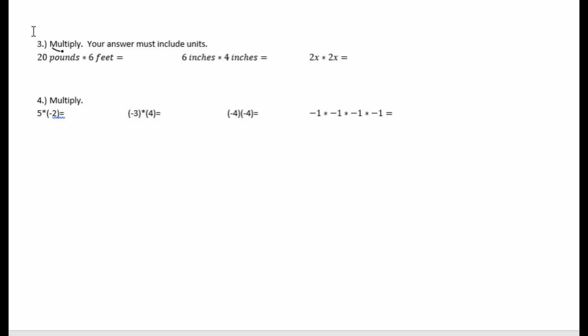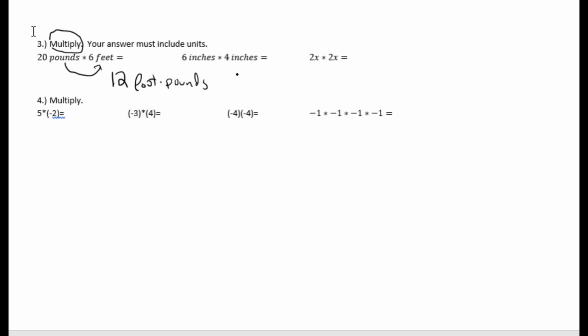What is important is that when we multiply and divide, the units get multiplied or divided. So this is 20 times 6, which is 120. And then you can actually put pound feet, but it's called foot pounds. Foot times pounds. So you're actually multiplying the units.